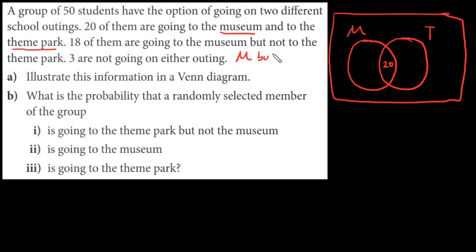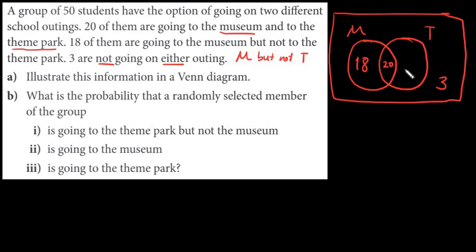M but not T, so that's only M. This part represents only M. We're going to put 18 here. And 3 are not going on either outing, which means neither, outside M or T. We're going to put 3 here.